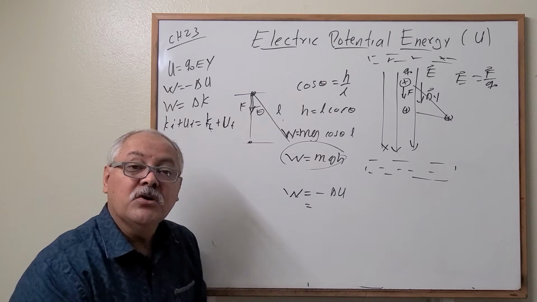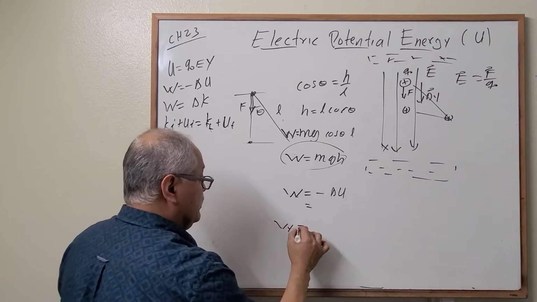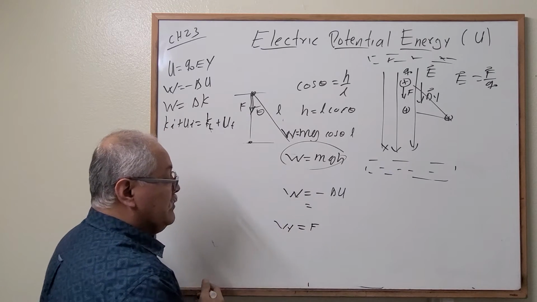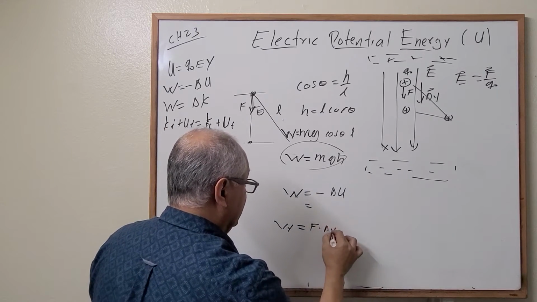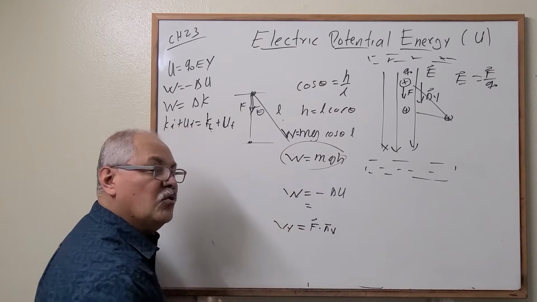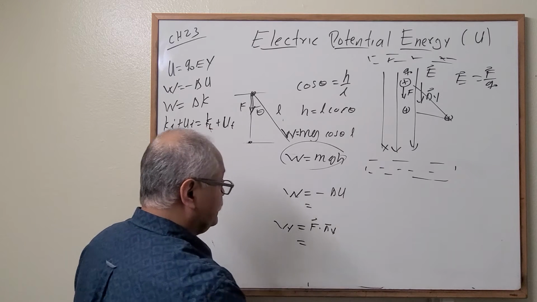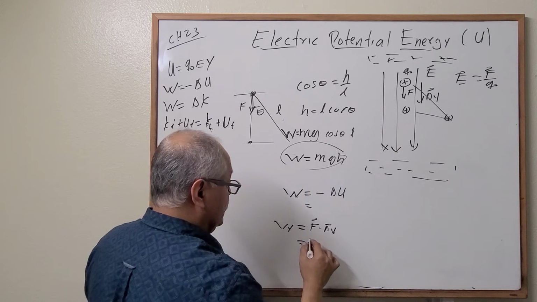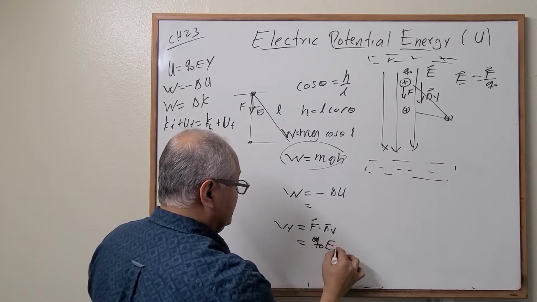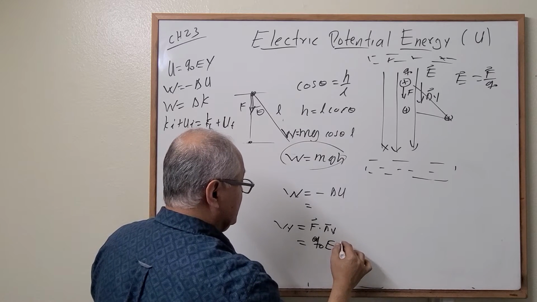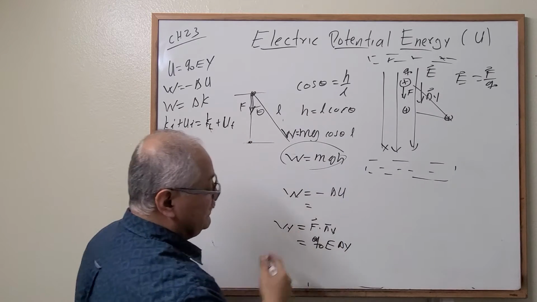Well, by definition, work is equal to the force dot product delta y, for example, in this case for a constant electric field. So this is equal to q naught times the electric field times delta y.